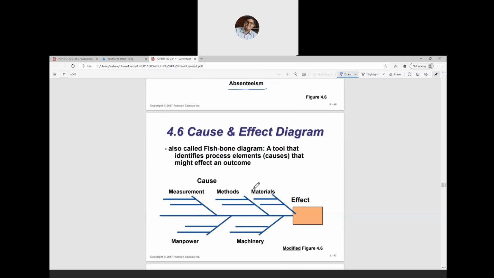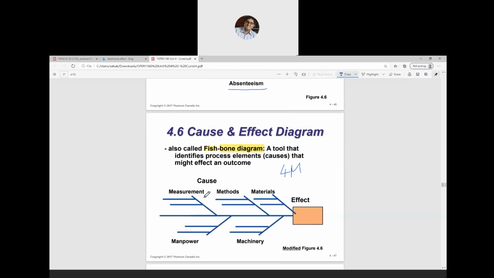Now, going forward, for your examination, as I mentioned last time, what is important is the cause and effect diagram, sometimes called a fishbone diagram, or an Ishikawa diagram, or even a 4M analysis. In this case, they have written five of them.